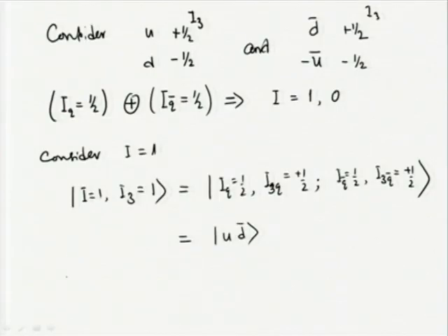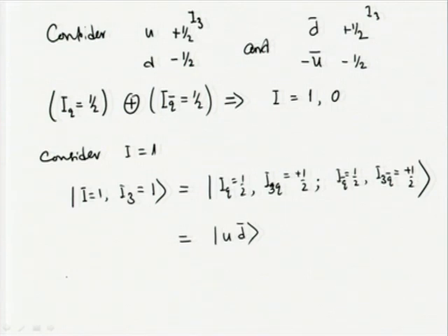The right hand side will tell you that it is basically a u quark, which has I_q half and I3_q equal to half, and a d-bar quark. So, this is basically the system on the right hand side. Do we have a physical particle or a meson corresponding to this?